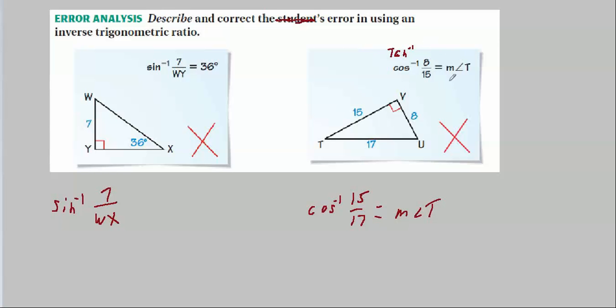So there's two ways to correct this, depending on how you want to do it. Have I mentioned yet there's more than one way to solve a math problem? So he could have taken the inverse tangent of this expression, or the inverse cosine of this expression. But the inverse cosine of this would not work.